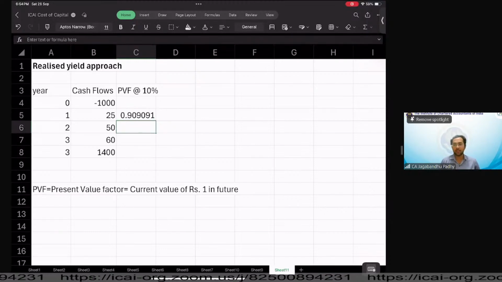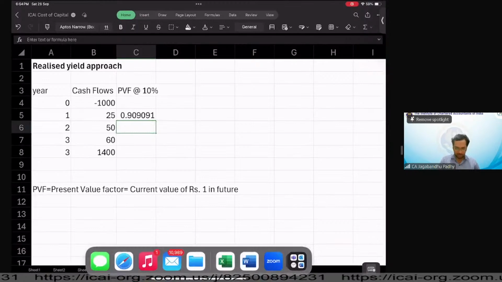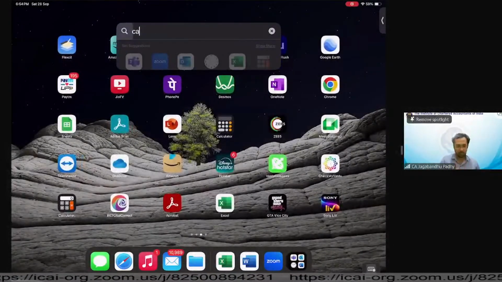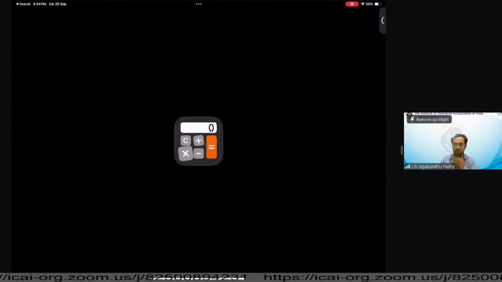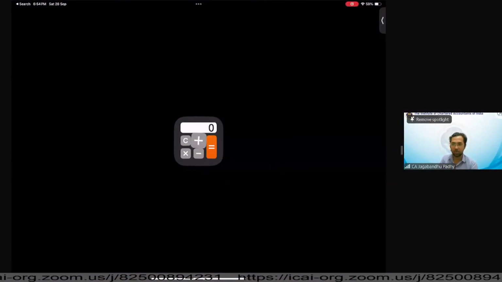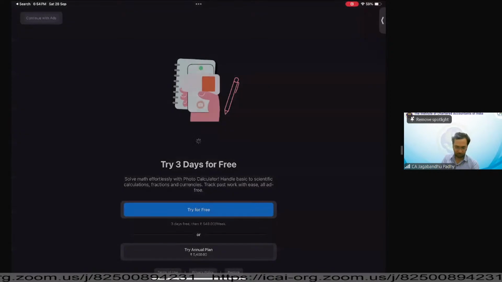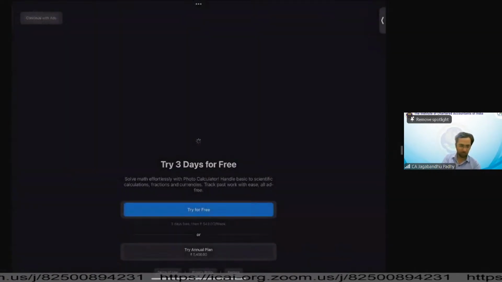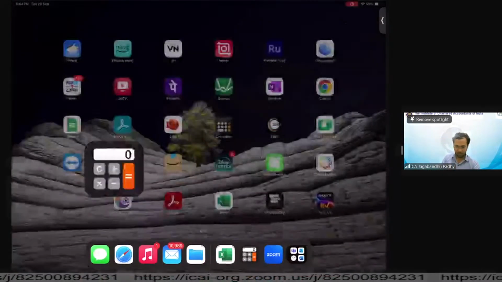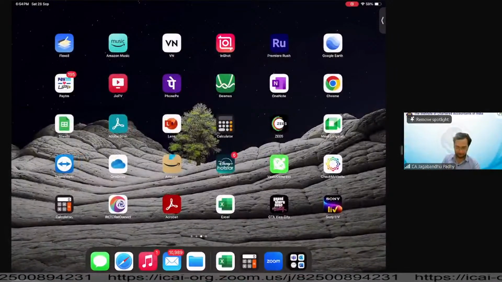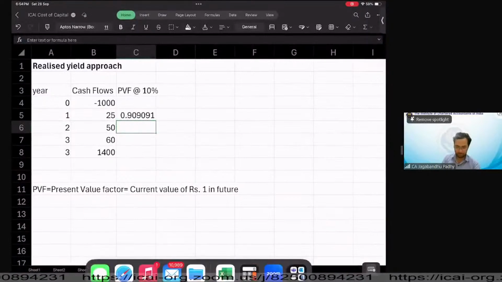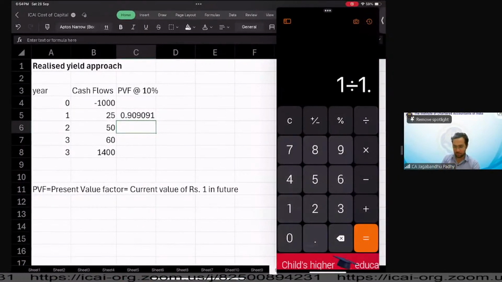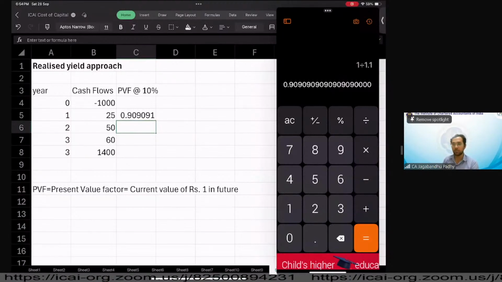What will be the present value factor for the second year? You can get the present value factors simply by using the calculator. Let me show it to you. 1 divided by 1.1 gives you 0.909.